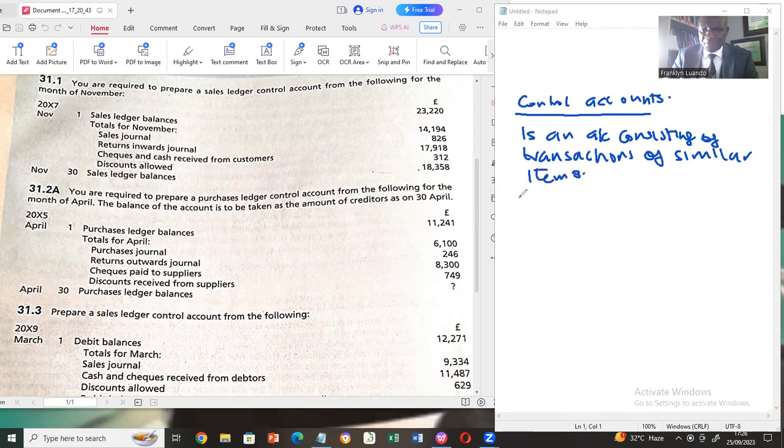Is that okay? So a control account is an account consisting of transactions of similar items.